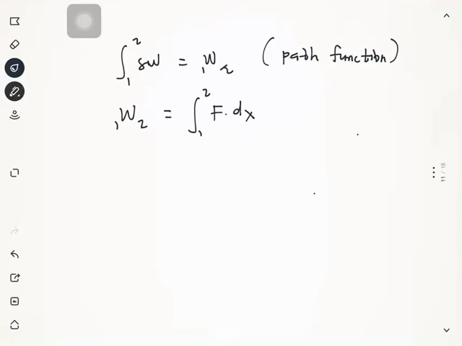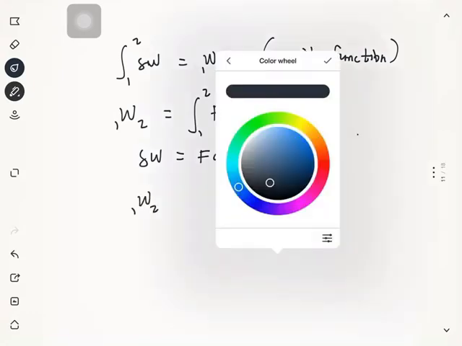Or we have here this one. This is F dx. So if we have a one-dimensional system, we have work 1 to 2 for a one-dimensional system.